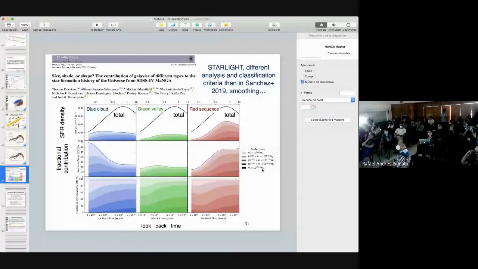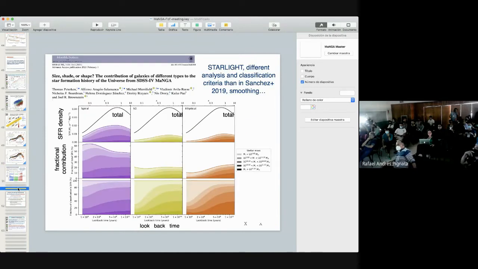Yeah, we didn't specifically study a subsample of S0 galaxies, but in general, I can say that S0 galaxies typically are in the Green Valley. I think I have this plot. No, I don't have this plot here. But very generally, most of the S0s are in the Green Valley.